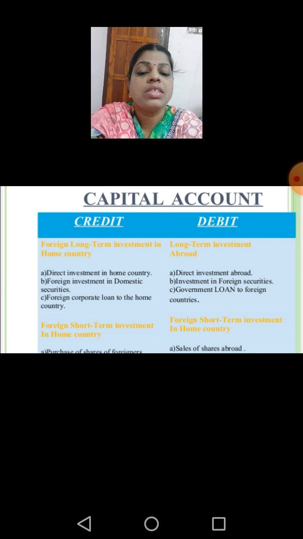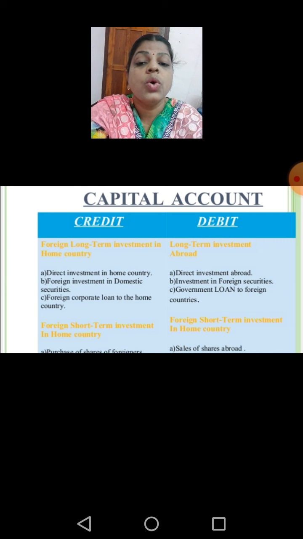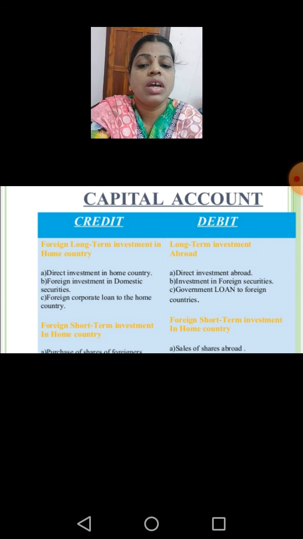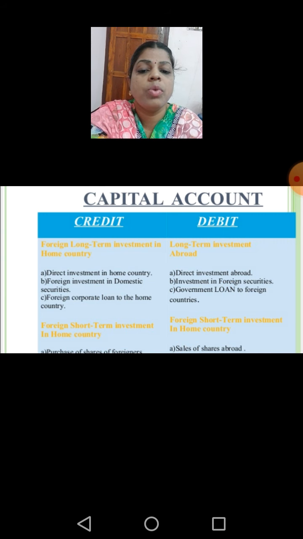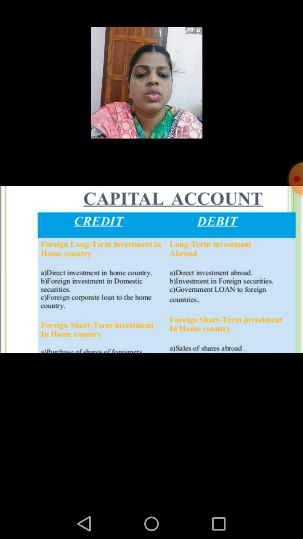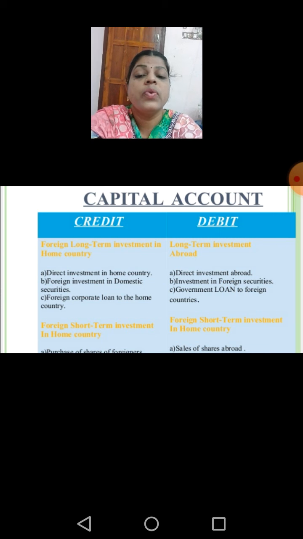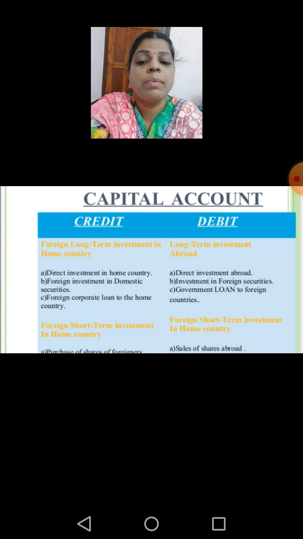If the government provides loans to foreign countries, that also is added to the debit item. So these are the foreign short term investment in the home country and the short term investment in other countries also. So children, these are the credit as well as the debit items which come under the capital account.